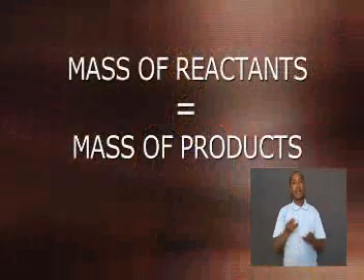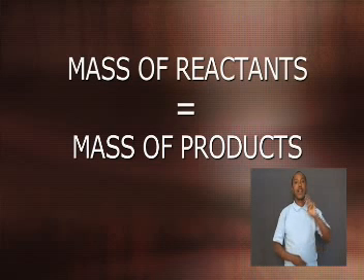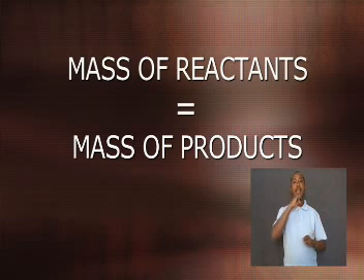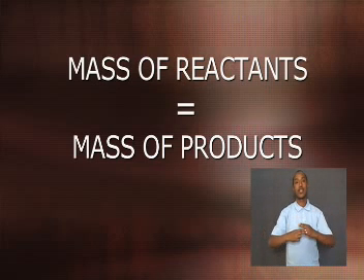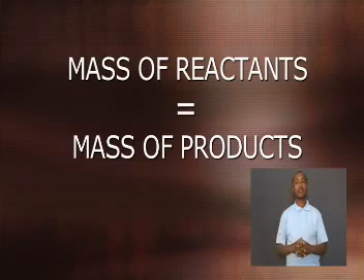So, the mass of reactants is always the same as the mass of a chemical reaction's product. Everything that exists has always existed, and everything that exists will always exist.